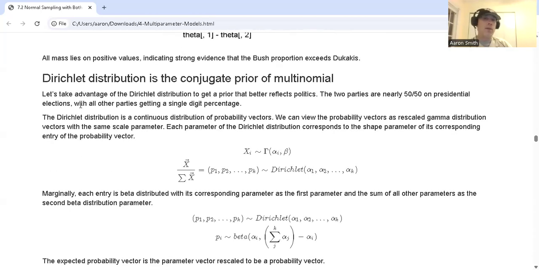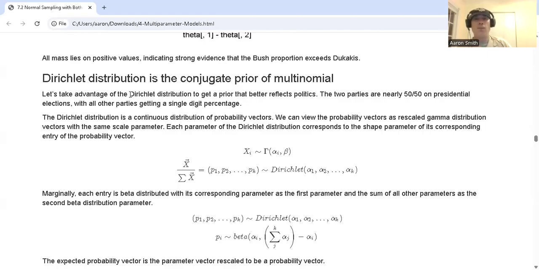Now let's go a little bit deeper into the Dirichlet distribution as our conjugate prior. Let's take advantage of the Dirichlet distribution to get a prior that better reflects politics. All right, so in the United States, practically speaking, when it comes to presidential elections, there are only two parties. Yeah, you can argue that there are others, but there's two parties, at least on the ballot, the ones that are actually going to get the votes.